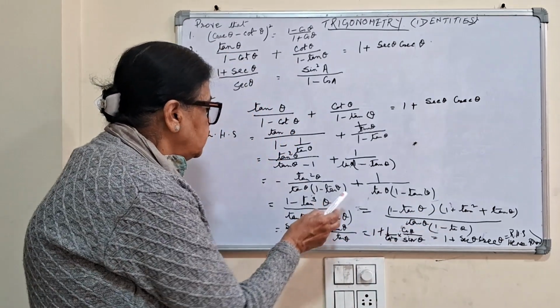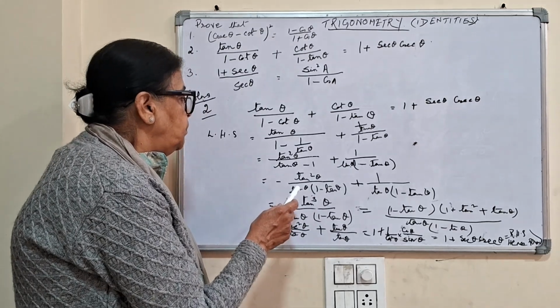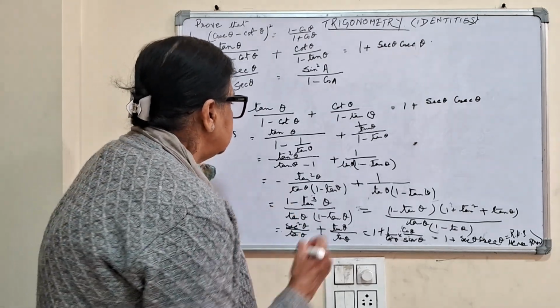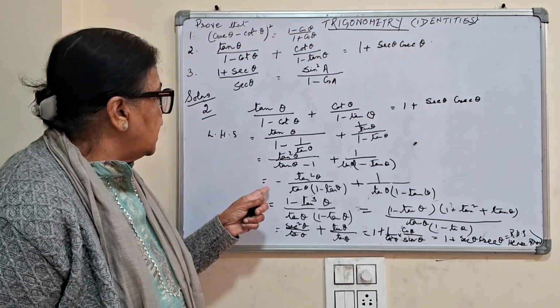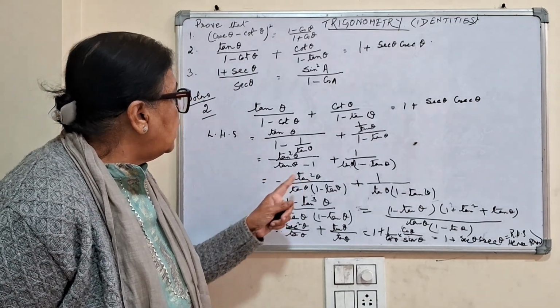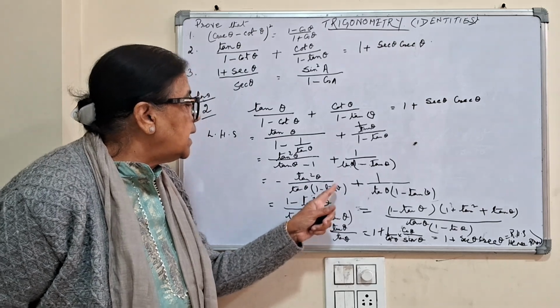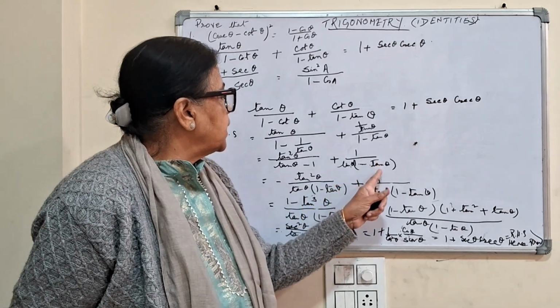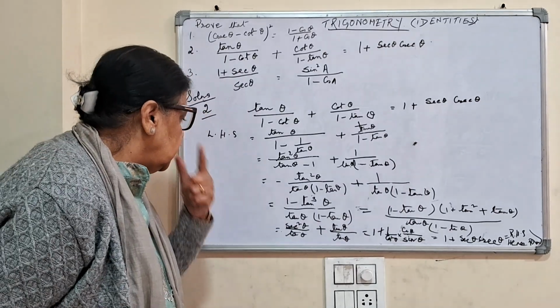I take common. When I take common, I have taken the minus sign common, then it is tan square theta divided by tan theta into 1 minus tan theta, plus 1 upon tan theta into 1 minus tan theta.